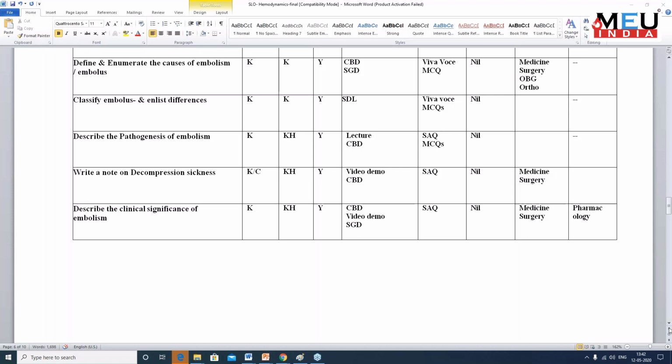And the treatment part for thrombosis and embolism, pharmacology can be a horizontal integration. I think pharmacology can be called in to tell about antithrombotic agents.